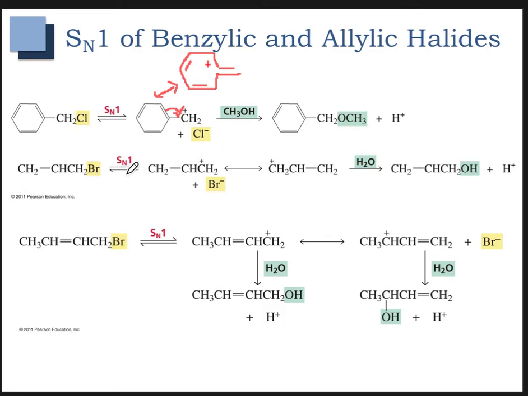And so you can see that situation down here again with the allylic substrate as well. So the bromine falls off. You have a primary carbocation. The resonance structure is drawn here. And either of those actually can react with the nucleophile, which is what they're showing in this bottom example.